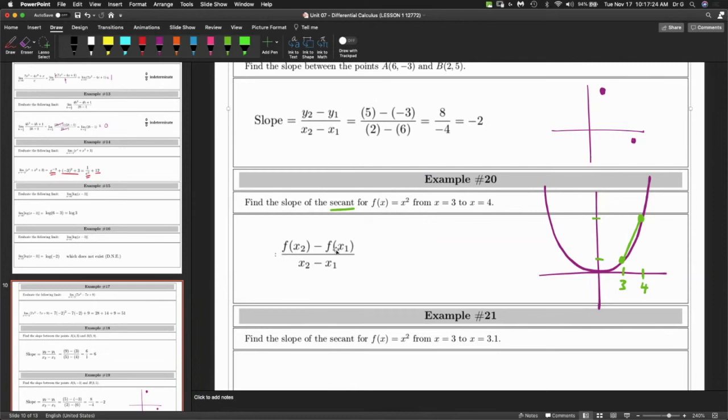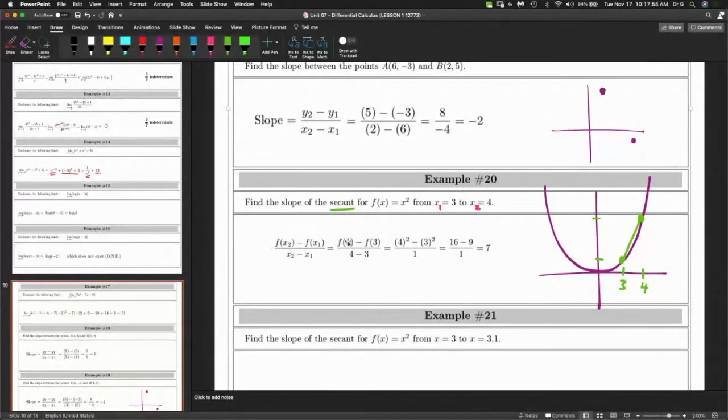So what is f of x2? Well, it doesn't matter which one is which here, but let's call this one x2, and let's call this x1. Then in this case, you get the following value.